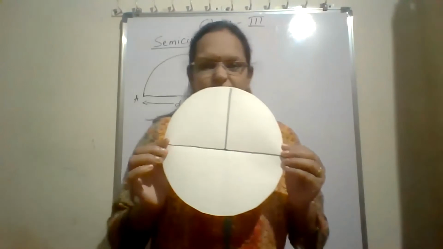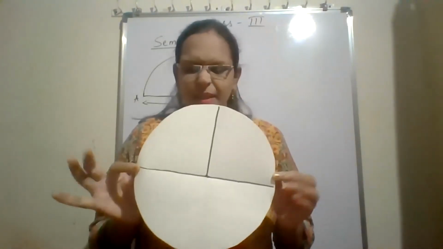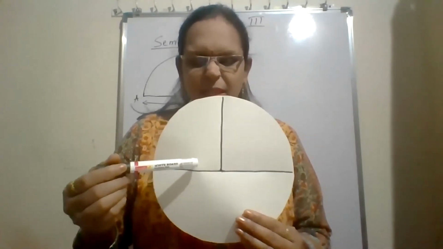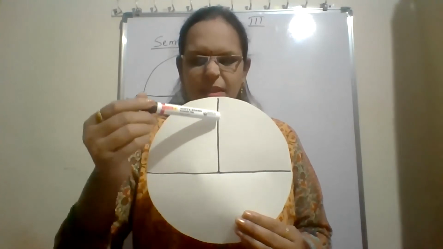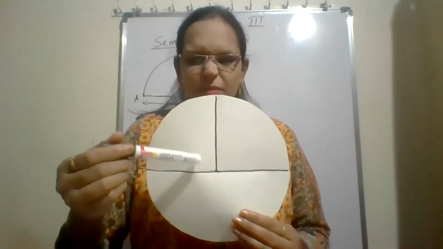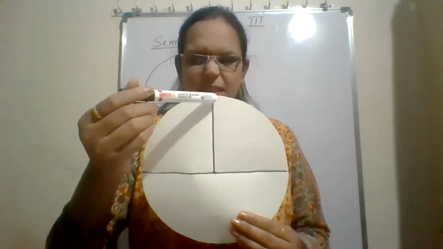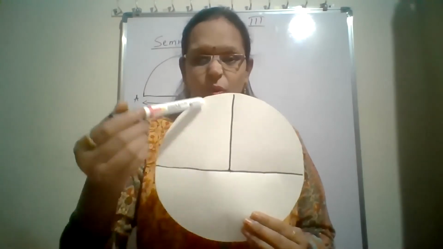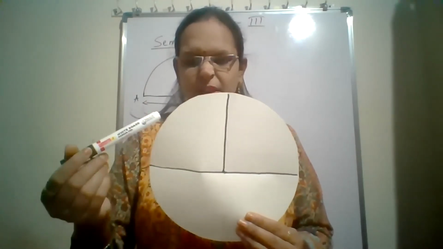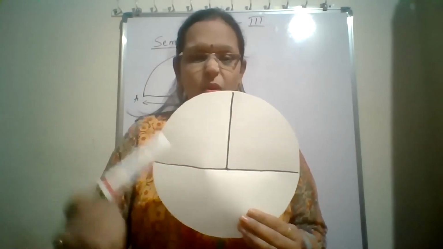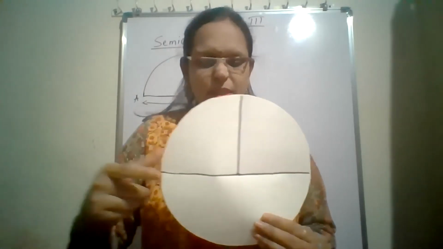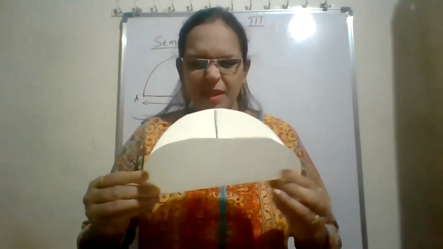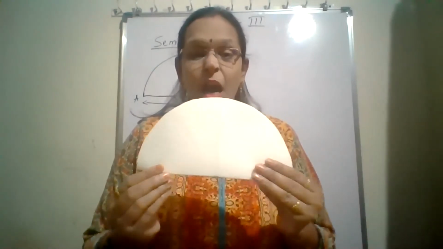So kids, see, this is a circle, right? From the center, I have drawn a line. If you draw many lines from the center reaching the circumference, they all are equal in length. Now see, if I fold the circle along its diameter, I will get a half circle.